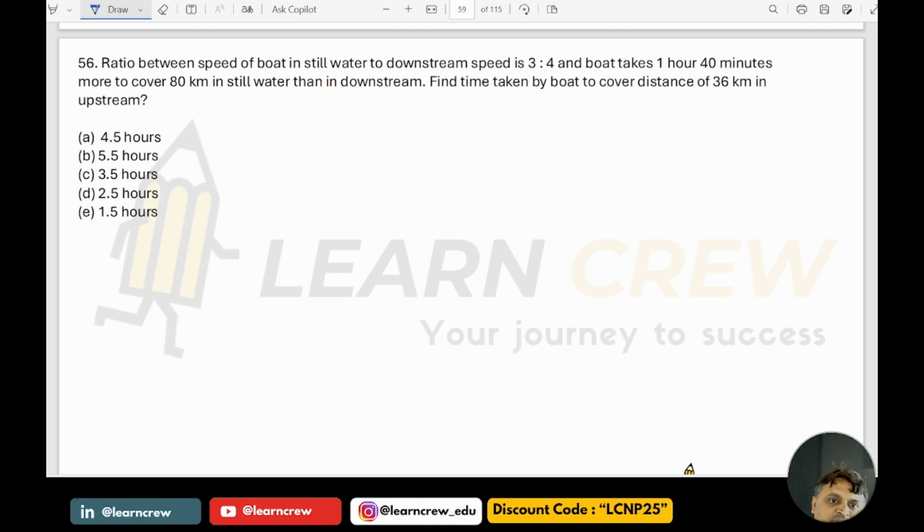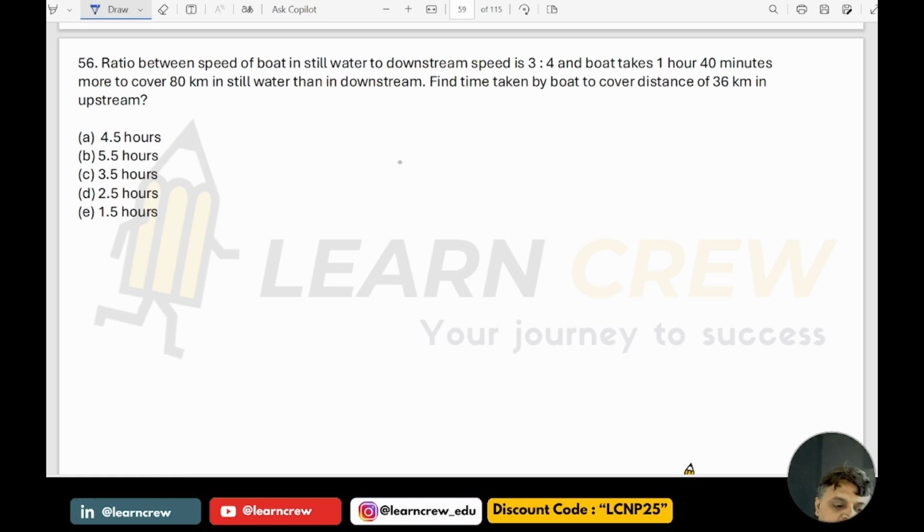The ratio between the speed of the boat in still water and the downstream speed is 3:4. And the boat takes 1 hour 40 minutes more to cover 80 kilometers in still water than downstream.